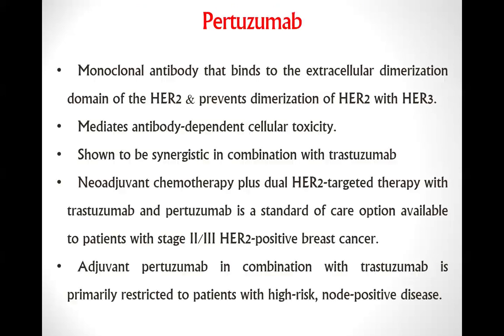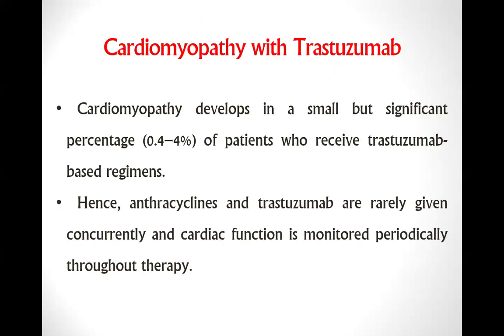So you can see in the previous slide, the most important side effect of trastuzumab is cardiotoxicity, in addition to others. That is why it should be avoided to co-administer along with doxorubicin, which is cardiotoxic. If you have to give it together, then you have to do surveillance. Surveillance is mainly through echocardiography.